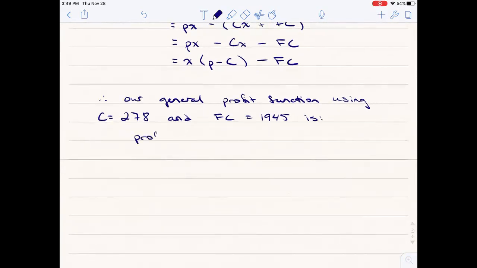So our profit of X is X times P minus 278 minus 1945.